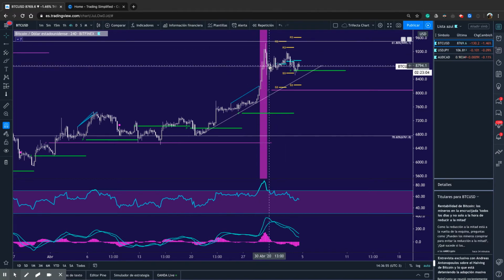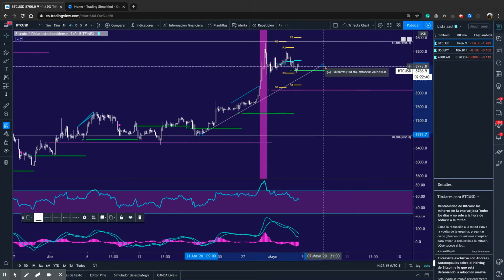And we are seeing a little bit of doubt over here. The price has a high here, and this high does not have enough strength. But over here we have a low, and the price is not getting to that low. So we are in a doubt movement right now.